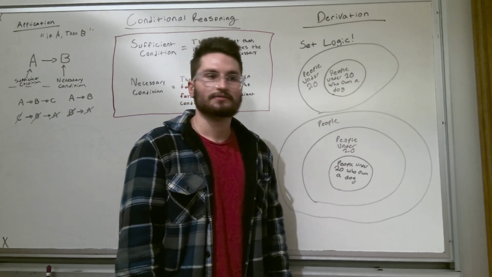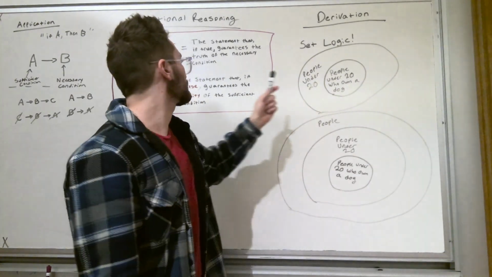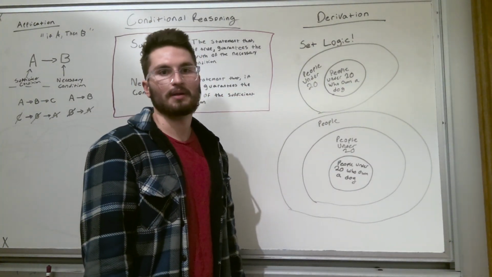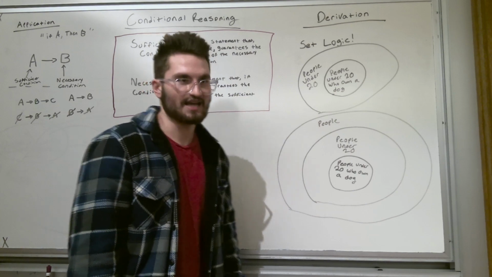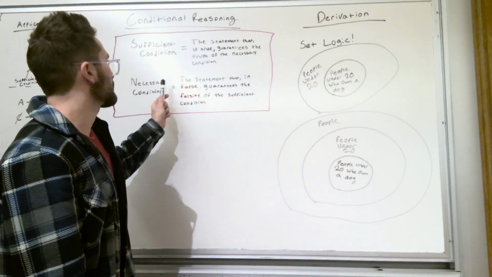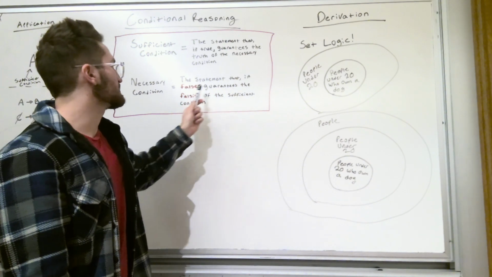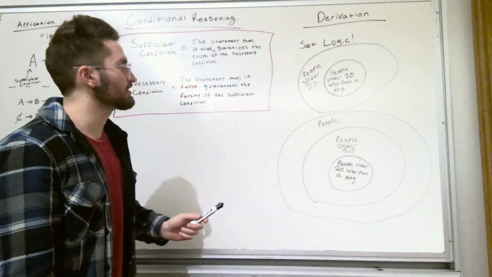Now, likewise, being a member of the superset is considered to be the necessary condition for being a member of the subset. Because as we just talked about, the necessary condition is the statement that if it's false, it guarantees the falsity of the sufficient condition.